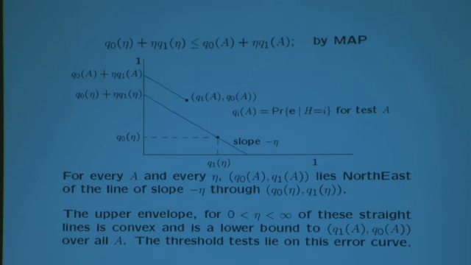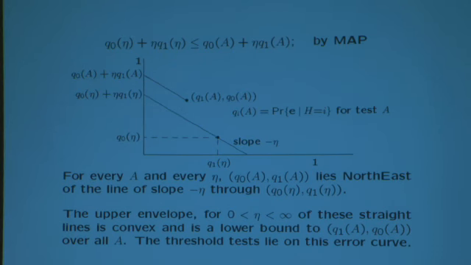So let's draw a picture on a graph where the probability of error given H equals 1 is on the horizontal axis, and the probability of error conditional on H equals 0 is on this axis.